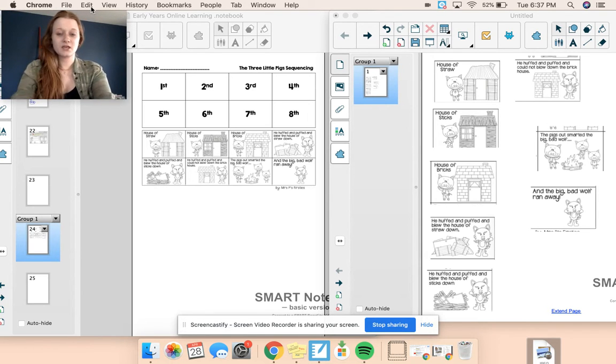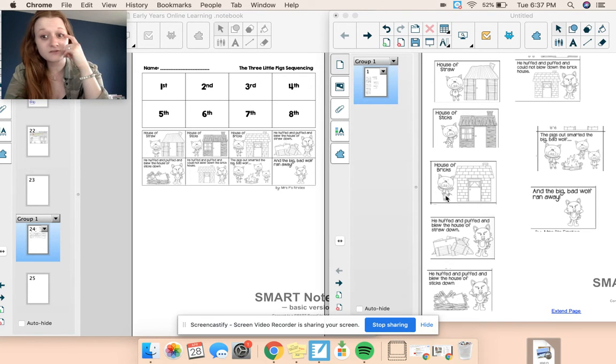Okay, so what happened first in this story? House of straw, house of sticks, house of bricks. He huffed and puffed. He huffed and puffed some more. The pigs outsmarted the big bad wolf, and the big bad wolf ran away.